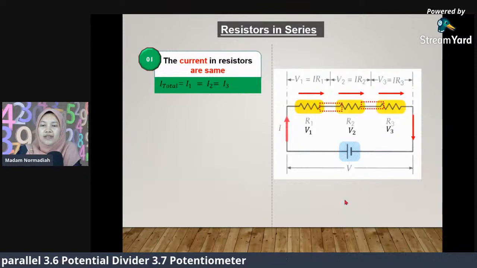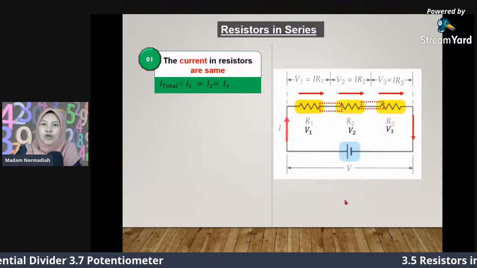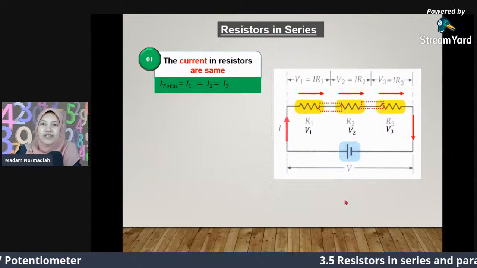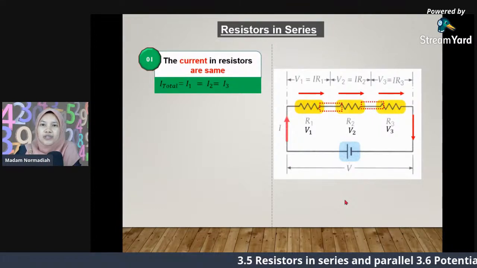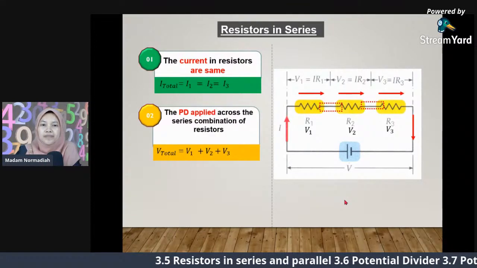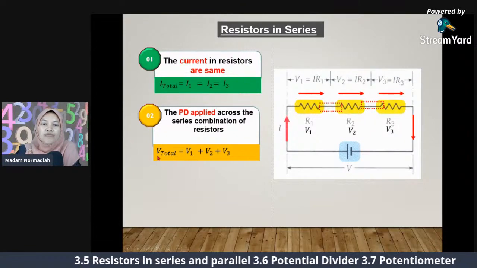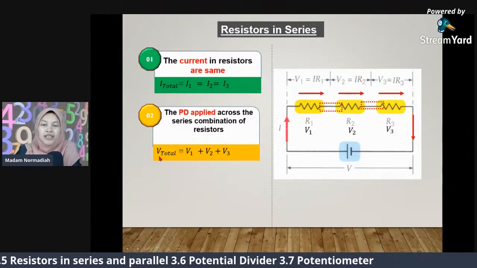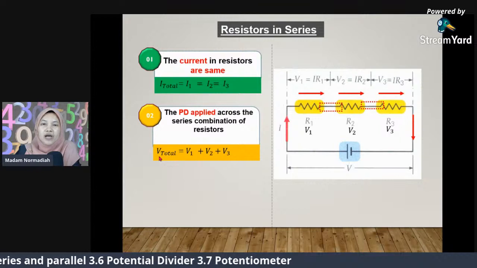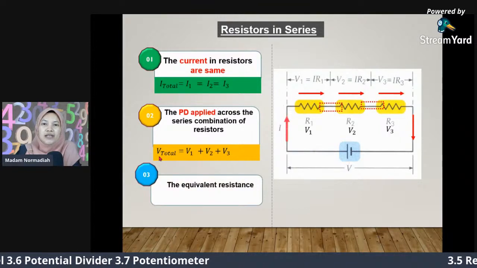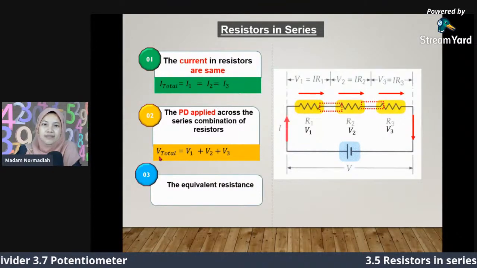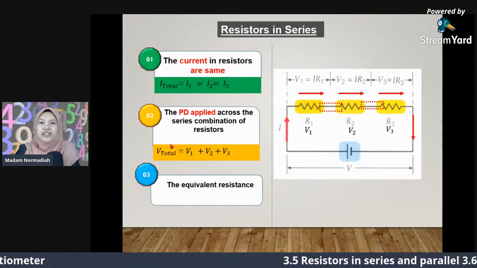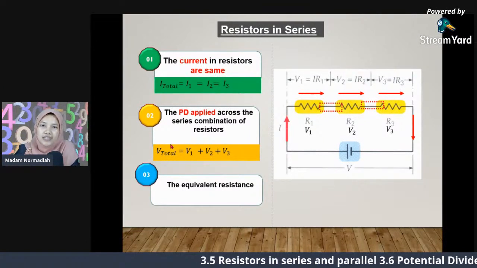On the other hand, the sum of the voltage across all the resistors is equal to the voltage applied. We can write V total or V applied equals V1 plus V2 plus V3. And now class, we can find the equivalent or effective resistance.